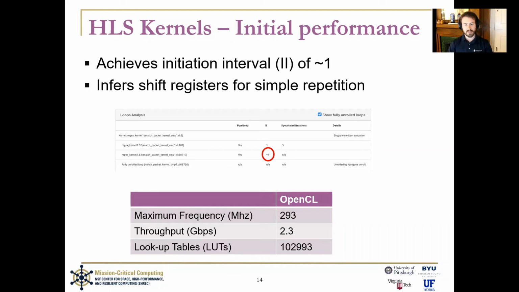We can see that the compiler achieves a maximum operating frequency of around 293 megahertz, and the kernel achieves 2.3 gigabits per second of throughput, using about 100,000 lookup tables. We can also infer from the reports that shift registers are used for simple repetition schemes on the OpenCL compiler.